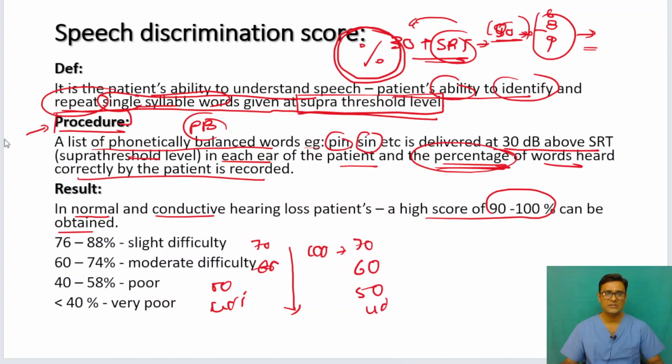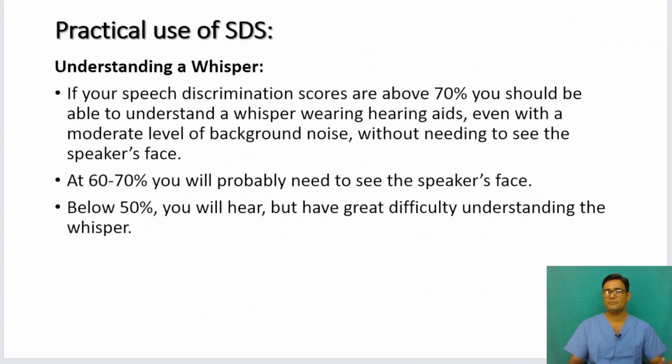Okay, how do we use this practically? If the patient has, say, a 70% speech discrimination score, you can tell the patient that he can understand a whisper.